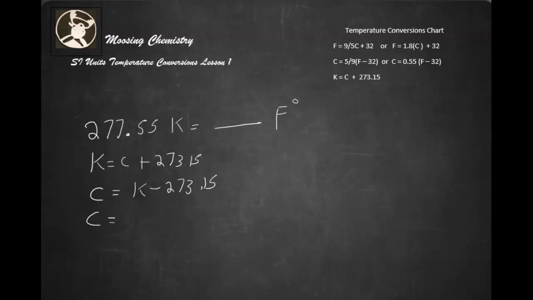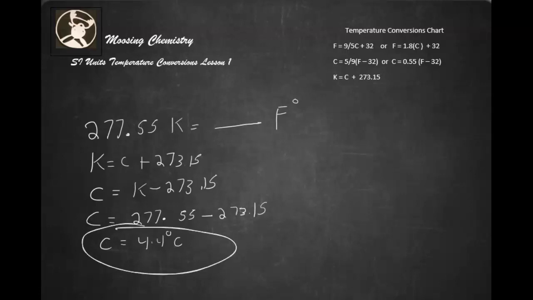So C is going to equal 277.55 minus 273.15. Okay. And C is going to equal 4.4 degrees C.